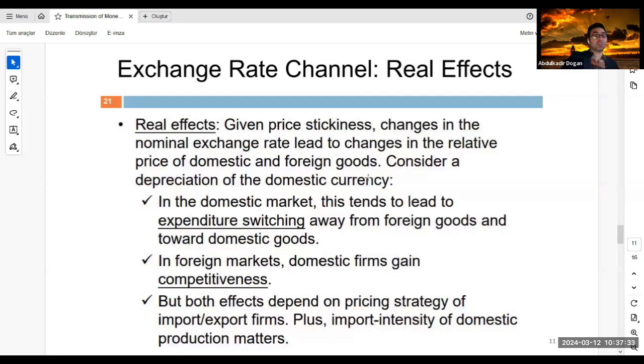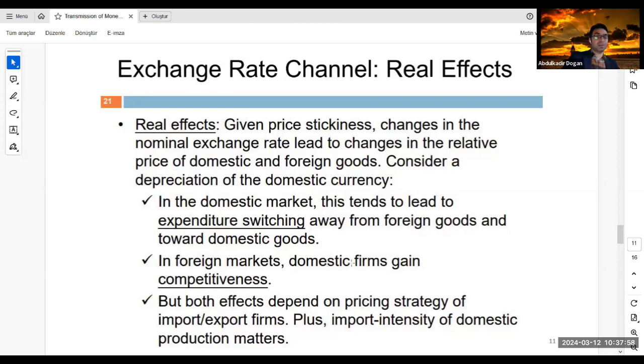Consider a depreciation of the domestic currency, as in the example I gave. In the domestic market, this tends to lead to expenditure switching away from foreign goods and towards domestic goods, because international products will be more expensive for you. You will convert your international demand to domestic demand.